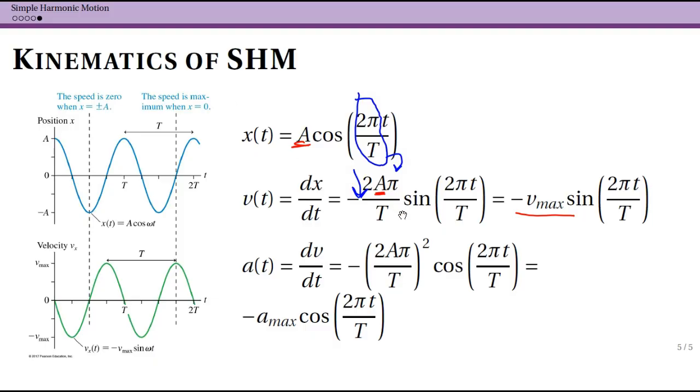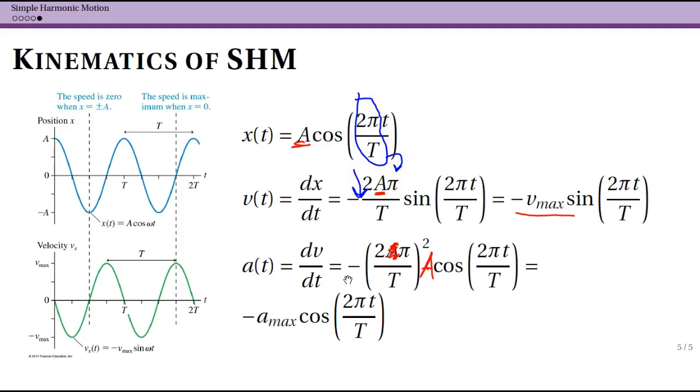The other thing we can do is go in and look at acceleration, and this is something we'll come back to later. That is the first derivative of velocity, so you end up with, oops, this A needs to not be in here, it needs to be out here. Sorry about that mistake. You get back to a cosine, and again, I haven't shown a plot here, but this would be equal to a maximum acceleration multiplied by a negative cosine of your original form.